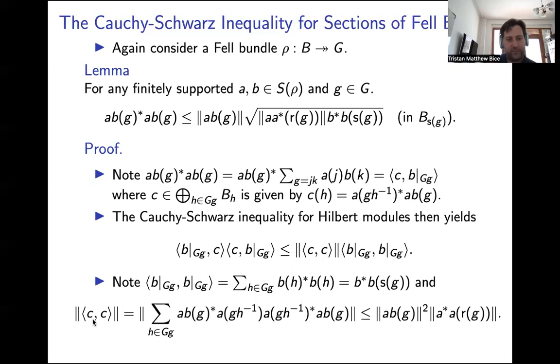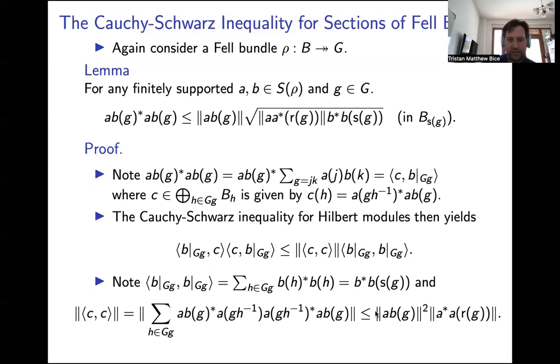And likewise, if you again look at this expression C comma C, and here it's actually the norm of this that we're interested in. We'll write it out like this as this kind of awful looking sum, and then say, but hang on, G here is fixed. So really this ABG star on the left here and this ABG on the right here, I can really just take these outside, using the norm again, of course.